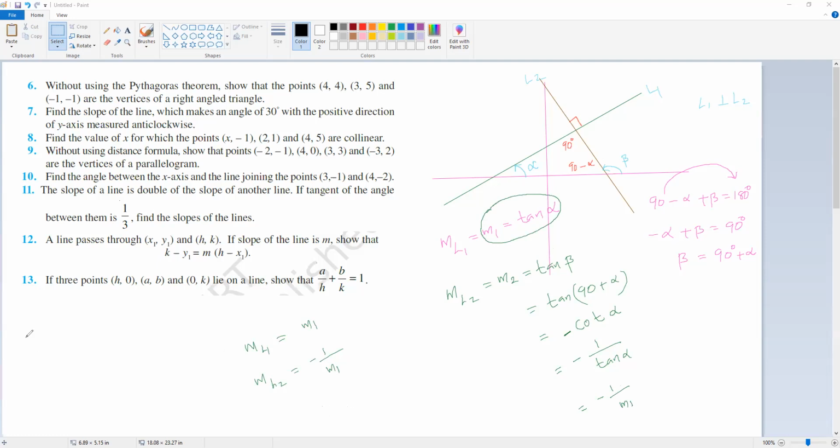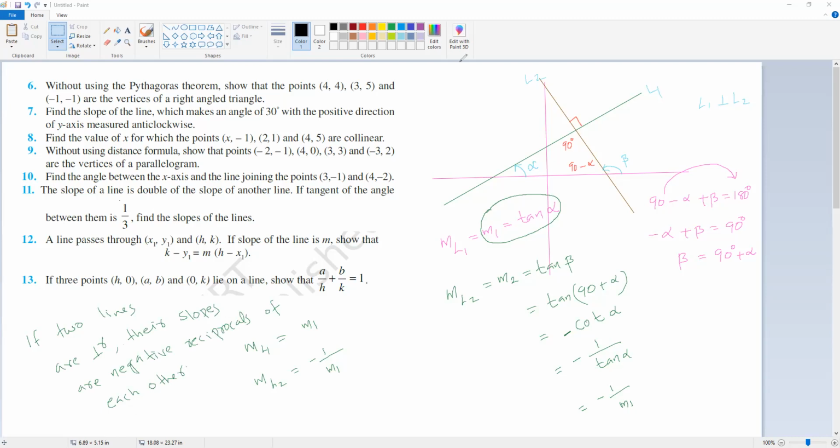If two lines are perpendicular, their slopes are negative reciprocals of each other. The slope of one will be the negative reciprocal of the other, okay?